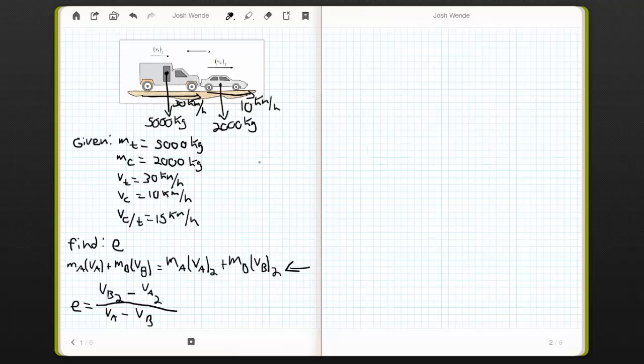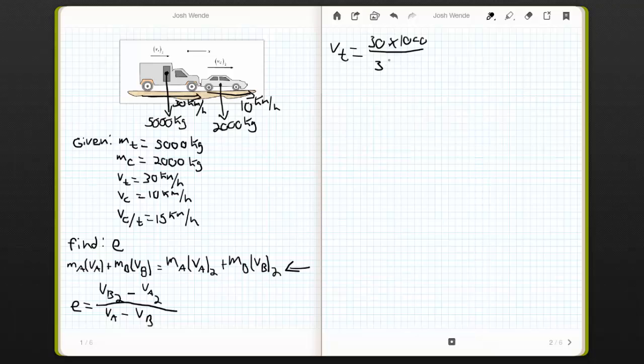In order to make this simpler, I'm going to convert the velocity of the truck and the car from kilometers per hour into meters per second. So we have Vt equals 30 times 1000 over 3600 for the time.